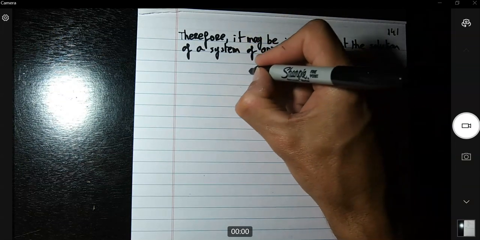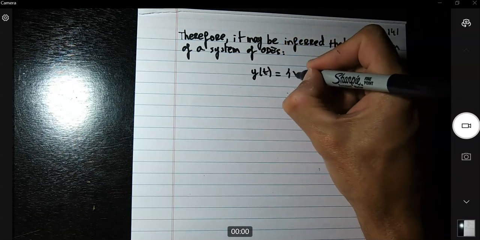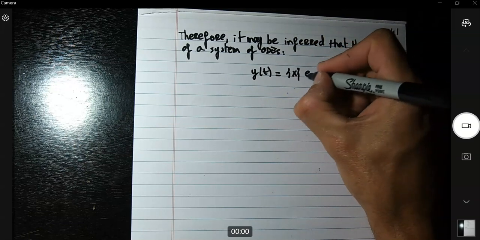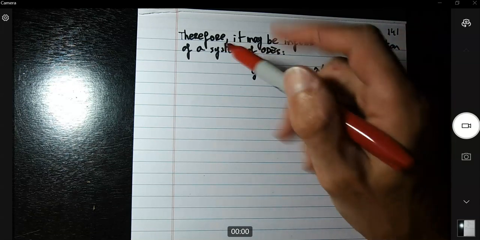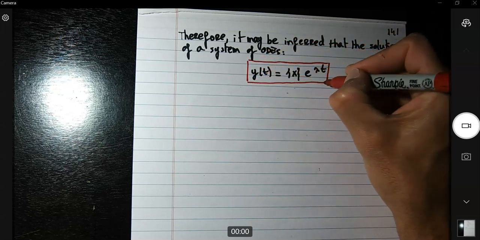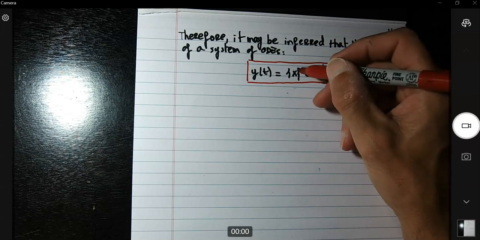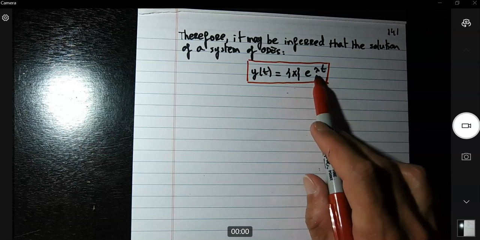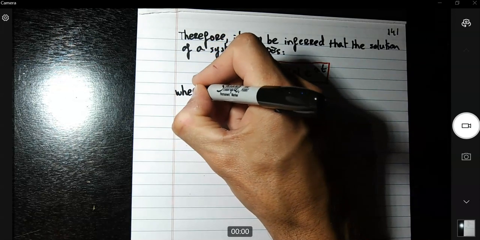So this time y of t will be x e lambda t. And I will explain now what each one of the terms is. We're not going to have just one constant over here, we're going to have this vector x, but it's about the same form as c exponential of a t.